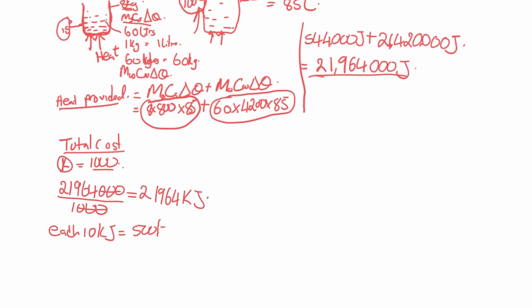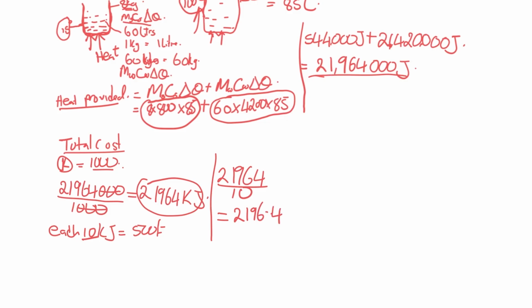So we need to find out how many tens we shall have in our value. We shall divide this value by 10, which is 21,964 divided by 10, such that we come up with 2196.4.